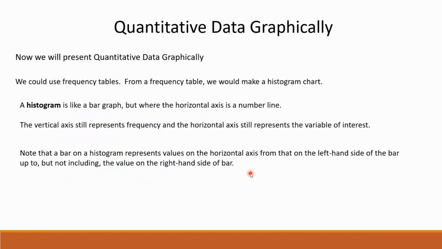So what we did so far actually was qualitative data. In other words, we displayed qualitative data using a frequency table, using a bar graph, that kind of stuff. Now, we want to consider quantitative data. Quantitative data, remember, is numerical in nature, and so you can do more calculations with it.